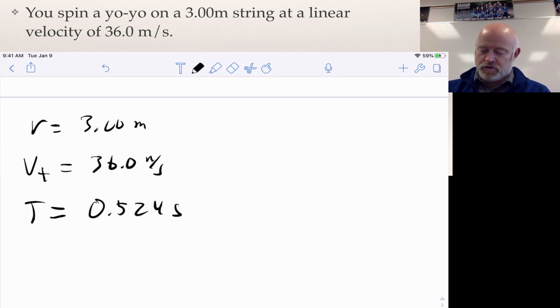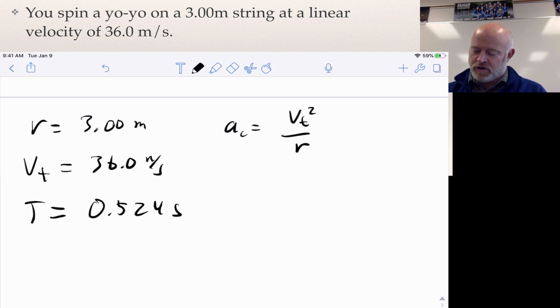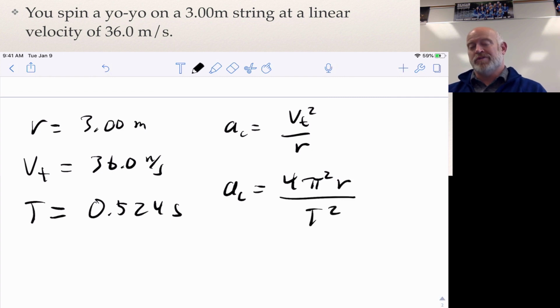We could solve it one of two ways, using either of the equations we were given, because we have all the data to do either one: acceleration centripetal is velocity tangent squared over r, or it is 4 pi squared r over the period squared.